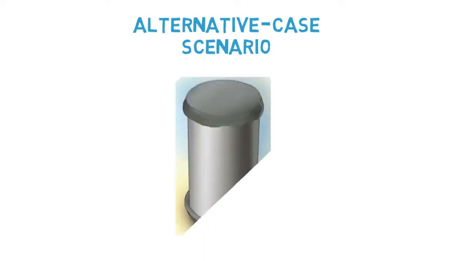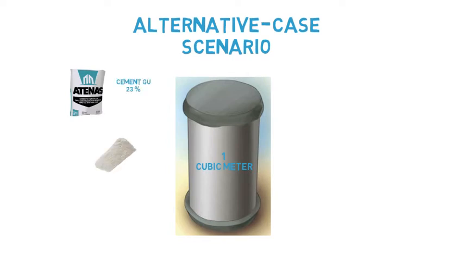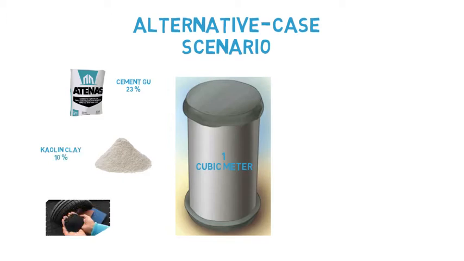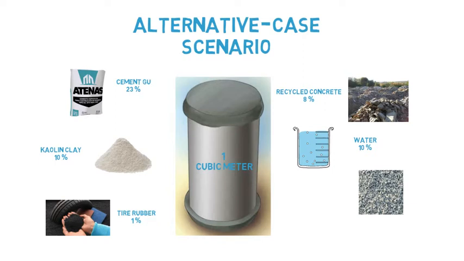Following the ASTM C192, an alternative case concrete mixture was designed, where we use GU cement at 23%, kaolin clay at 10%, tile rubber at 1%, recycled concrete at 8%, water at 10%, gravel at 12%, and sand at 36%.